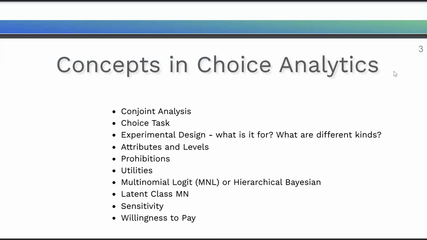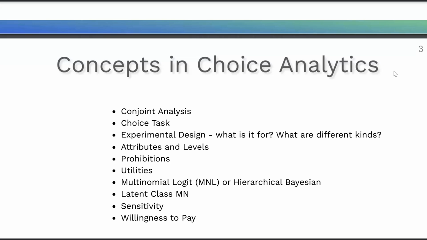We'll talk about a choice task, and what is really a choice task? How is it used? We'll talk about the experimental design, what it is for, and what kind of different kinds of experimental designs there may be. We'll be talking quite a bit about attributes and levels, which are the building blocks of conjoint analysis. We'll talk about prohibitions, how to use them, how to not use them, and of course, utilities.